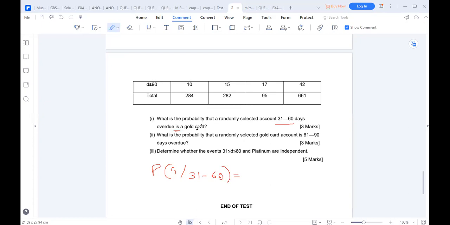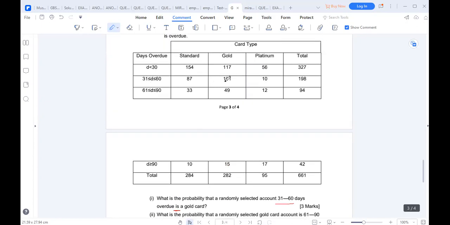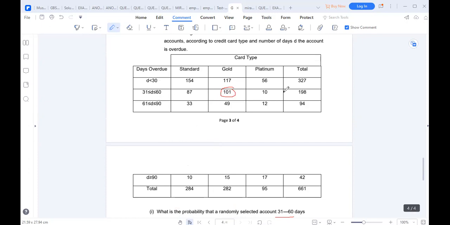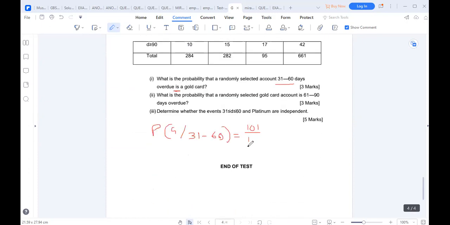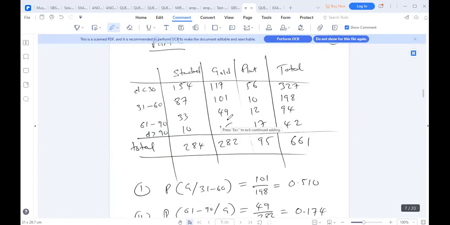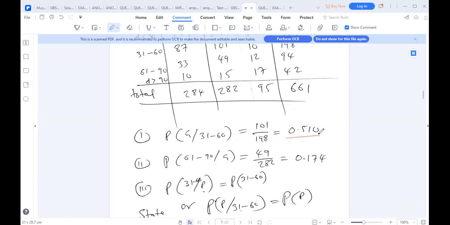You go where they meet. Where do they meet? Gold and 31 to 60, it's that one there. So we just put 101 over the total for the bottom, 31 to 60. What is the total for 31 to 60? 198. So when you divide that, gold 31 to 60, we get 101 over 198, which is 0.510.